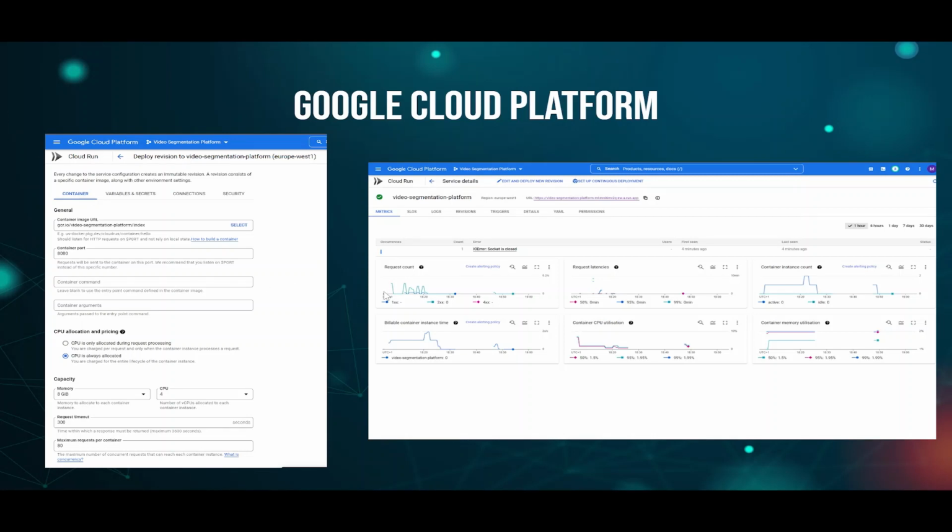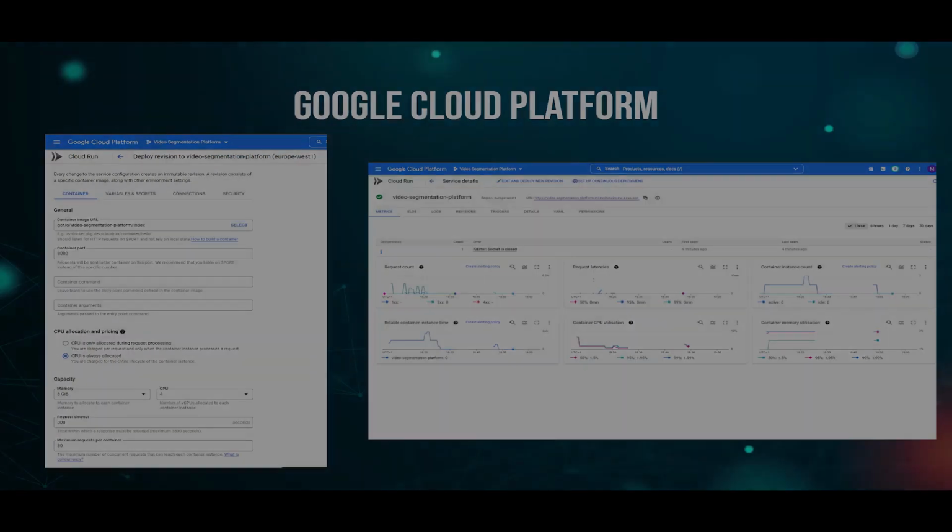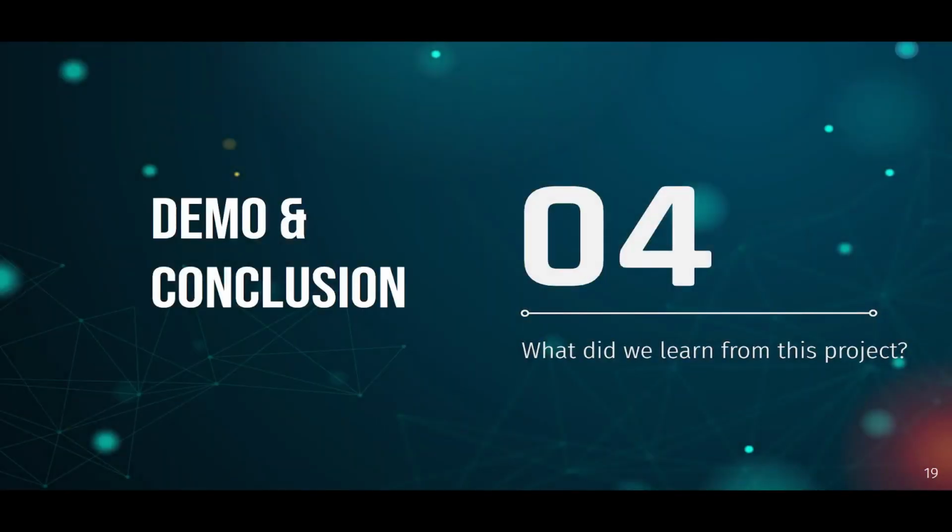Not only that, but Google Cloud also provides you with a very sophisticated dashboard in which you can see the request count, the request latencies, the container CPU utilization, and so forth. It is a very detailed description of your container.